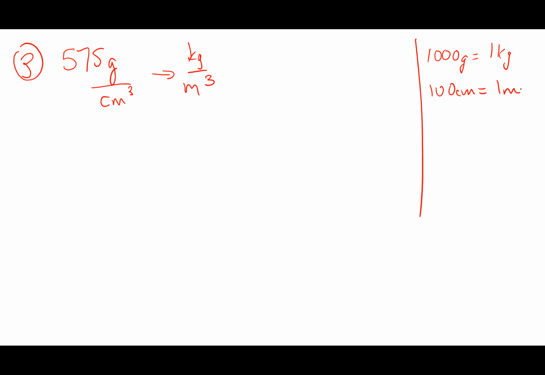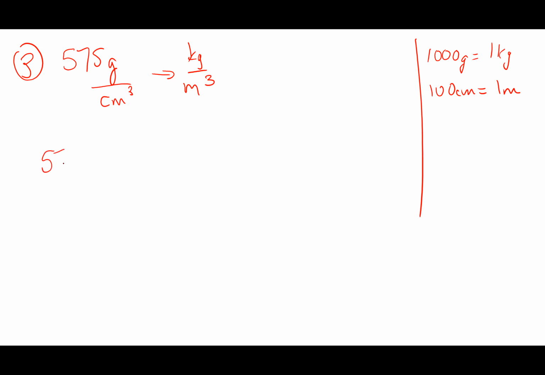The challenge or the issue with this question is that the centimeters and meters are cubed. We talked about this in Wednesday's class. Again, I'm kind of talking about the future. Cubed means to the power of 3. So let's start with the kilograms.